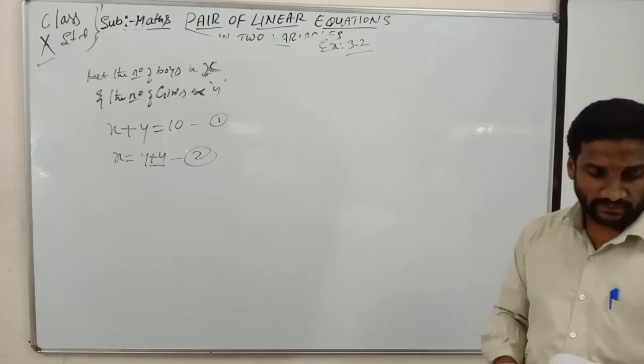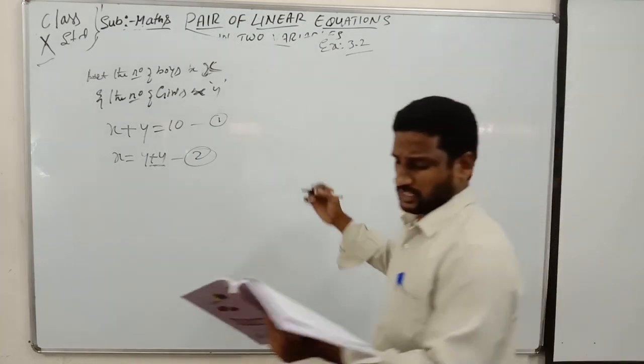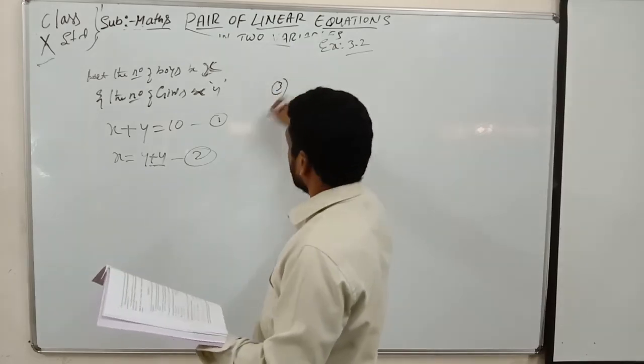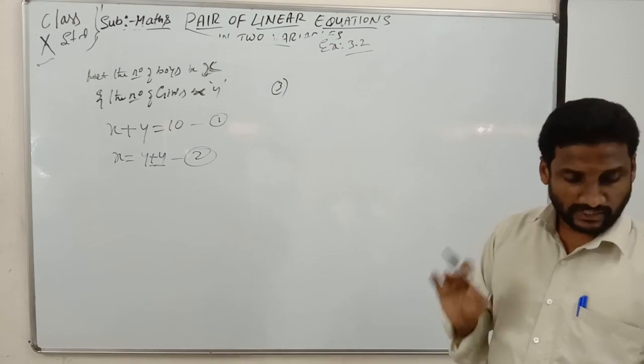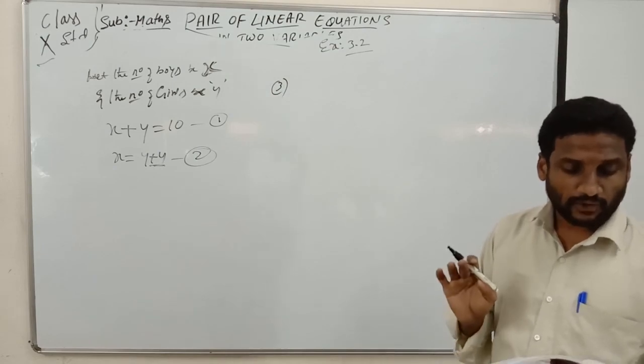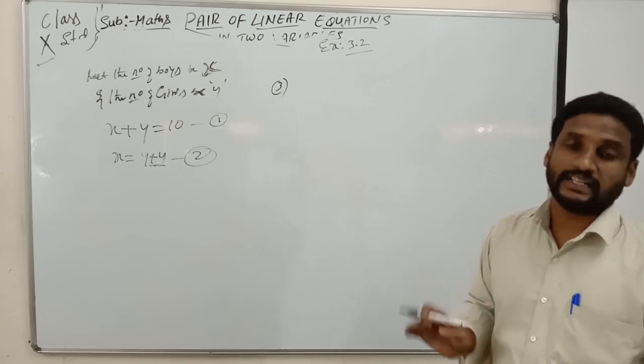So the second one done, the third problem is there. See what the question is in the third problem. On comparing the ratio a1 by a2, b1 by b2 and c1 by c2, find whether the following pair of linear equations are consistent or inconsistent.